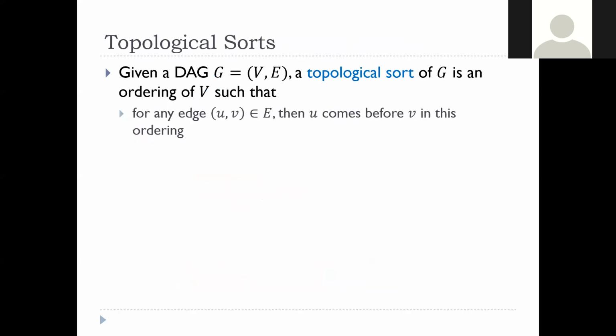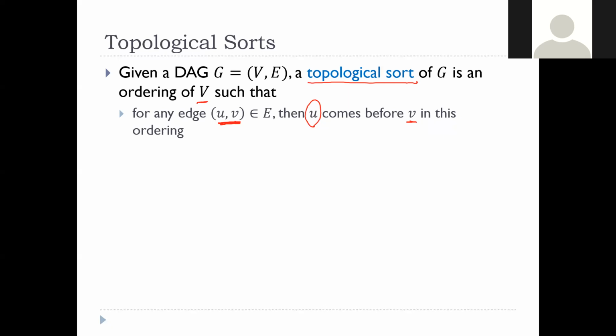All right, now, given a DAG, a directed acyclic graph where there's no cycle, a so-called topological sort of this graph is simply an ordering of all the nodes in V such that if you have an edge U to V, then in your ordering, U has to come earlier than V. So this is a so-called topological sort.